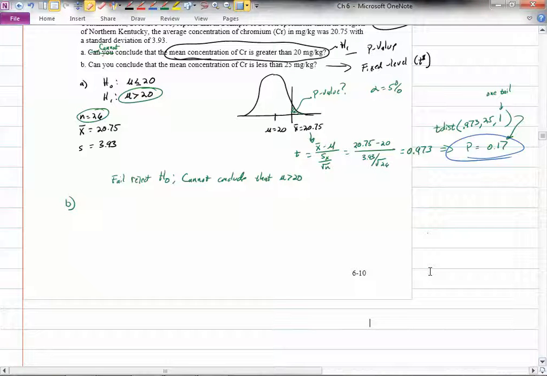Okay, and I guess I'm still a little confused. Okay, so you want to find, that's a good question. So what do we have, 25 degrees of freedom here? So at 25 degrees of freedom, we want to find, okay, here's the area, and then here are the T values.